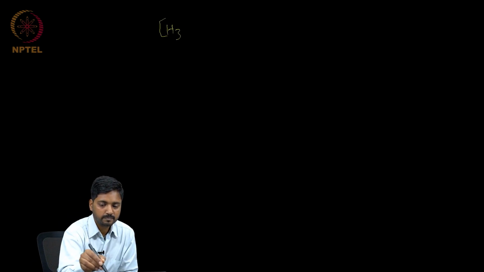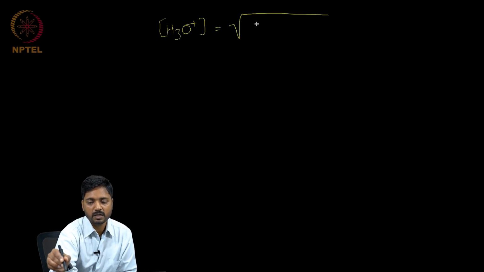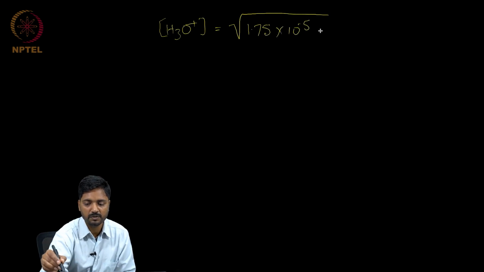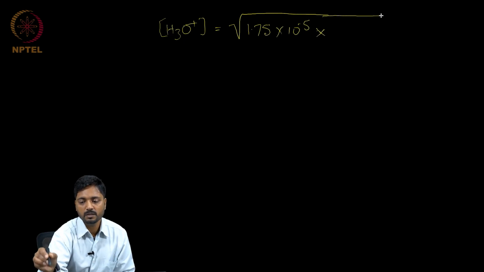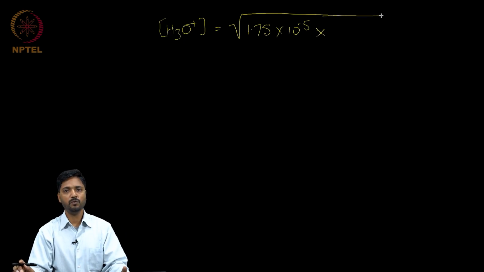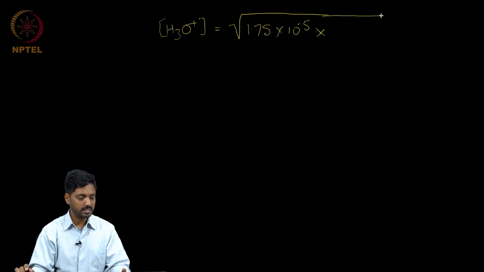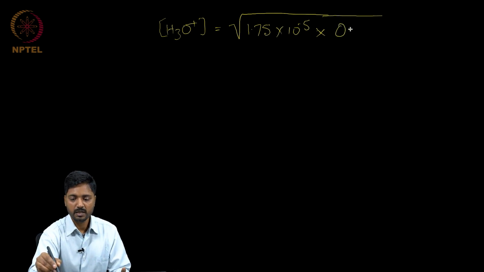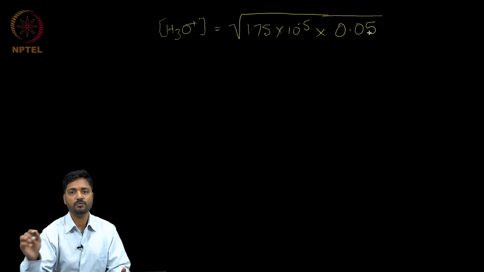So, let us do that. What we observe is the hydronium ion concentration is equal to the square root of 1.75 times 10 to the power of minus 5, which is the Ka value, times the concentration of the acetic acid that was taken originally, and this is 0.05 molar.